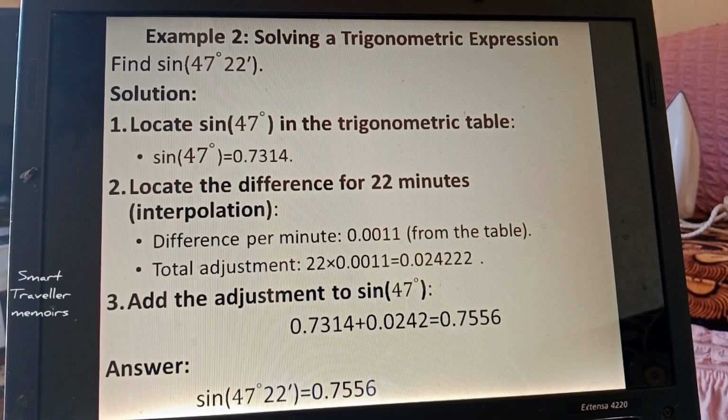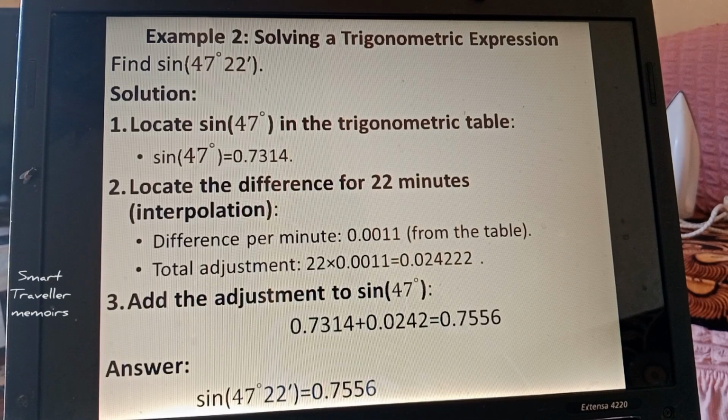Solving a trigonometric expression. Find sine 47 degrees 22 minutes. Solution: first of all, locate sine 47 degrees in the trigonometric table, and you find that the answer is 0.7314. Locate the difference for 22 minutes, interpolation. The difference per minute is 0.0011 from the table.